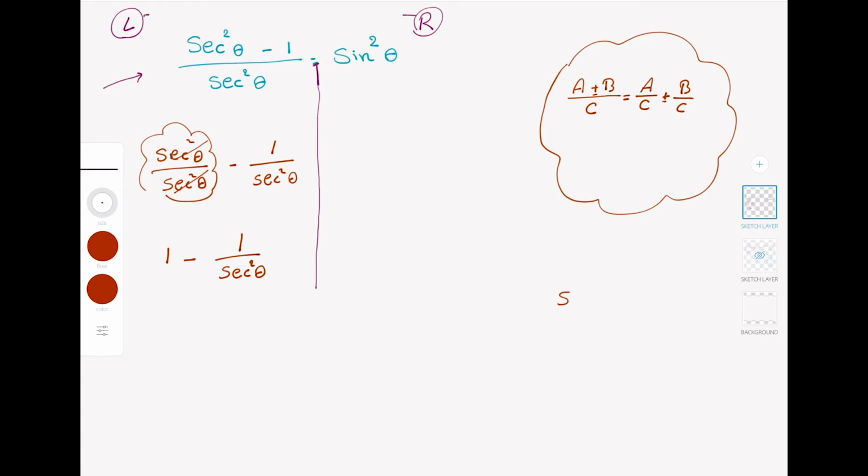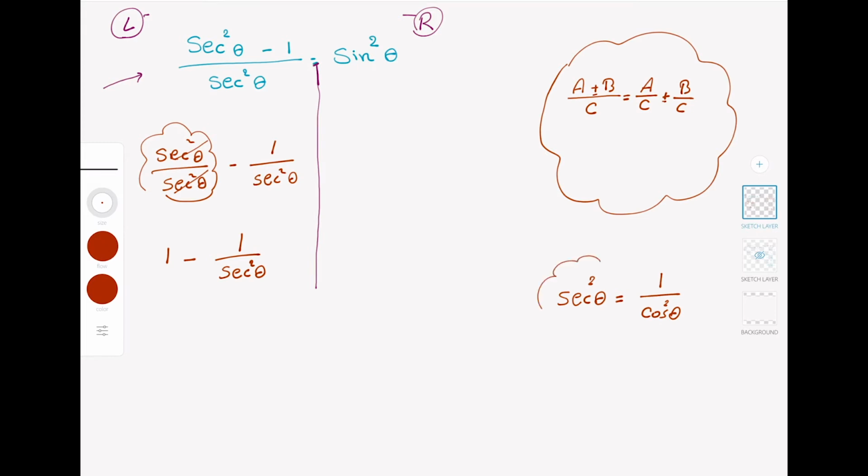We know secant of theta equal to 1 over cosine of theta. If you square it, secant square will be 1 over cosine square.